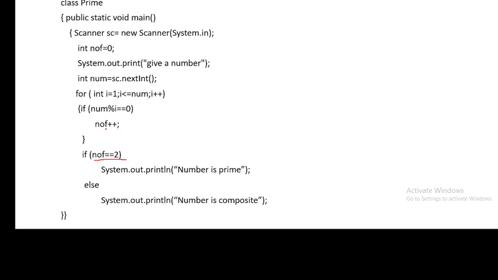So NOF will contain the number of factors. When this loop terminates, we check whether this value is equal to 2 or not. If it is 2, it means that the number entered is prime, otherwise it is a composite number. So this program also has the same logic to get factors. Prime number is also based on this loop. Again this loop is same and this condition is same.